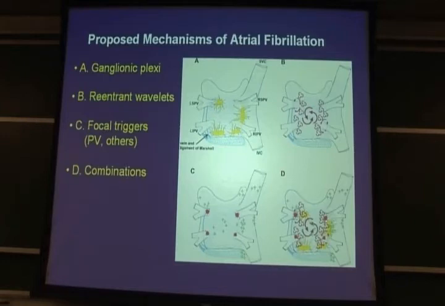That's not to say that other parts of the atria do not, but the pulmonary veins seem to produce more of those triggers. And to make it more complicated, all of those can play together, which is probably the case in many of those situations.